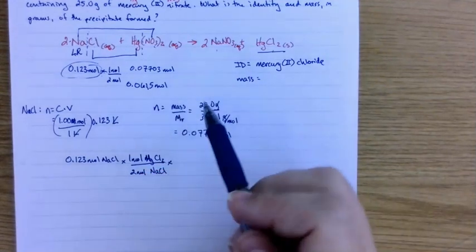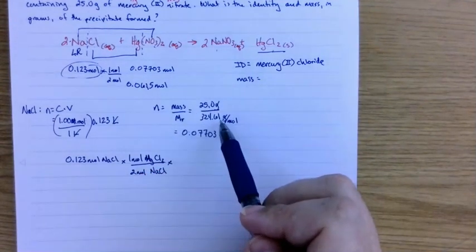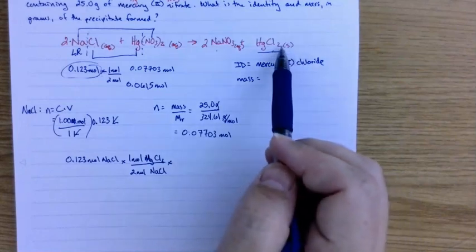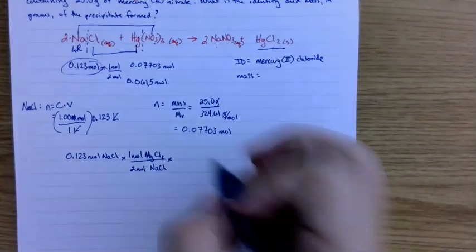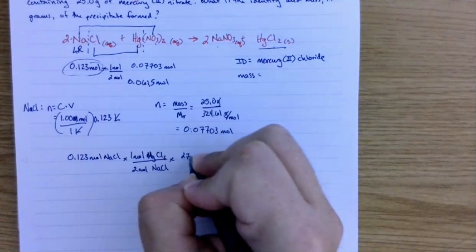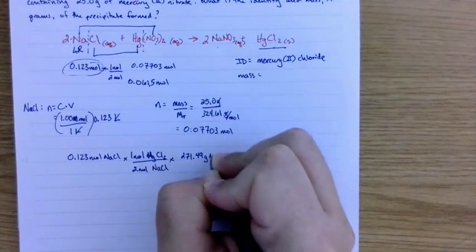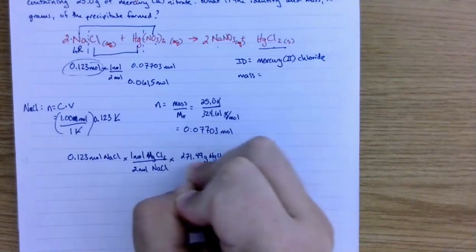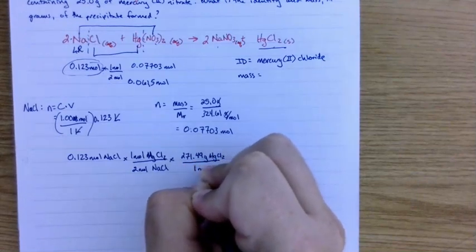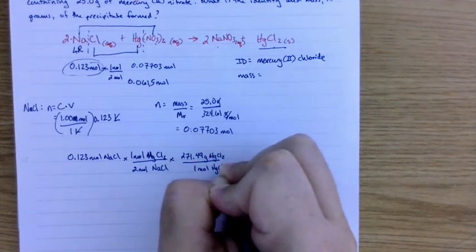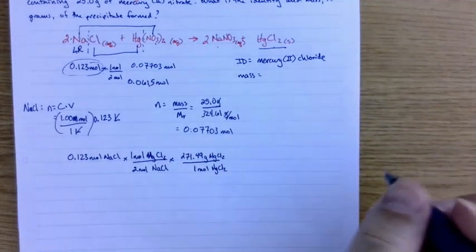So we have the molar mass of mercury 2 nitrate. We need the molar mass of mercury 2 chloride. So it gives us 271.49 grams of mercury chloride for every 1 mole of mercury 2 chloride.